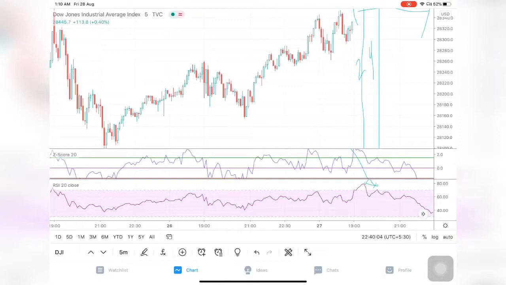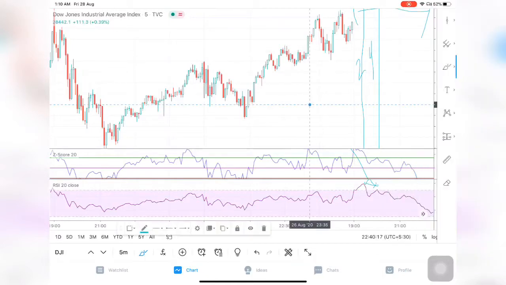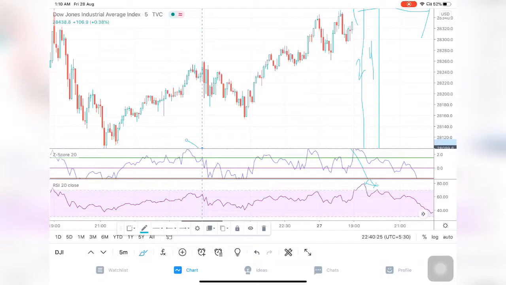Okay. So here, as you can see, there are also divergences. So let's see. Here there is a clear cut divergence. Okay. Here this time it is the Z score divergence.